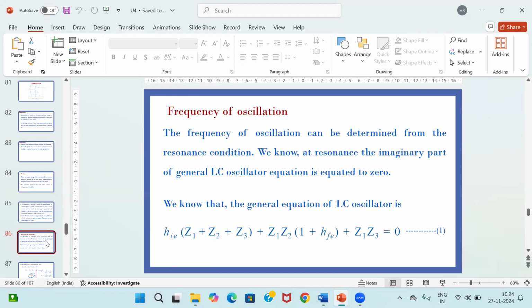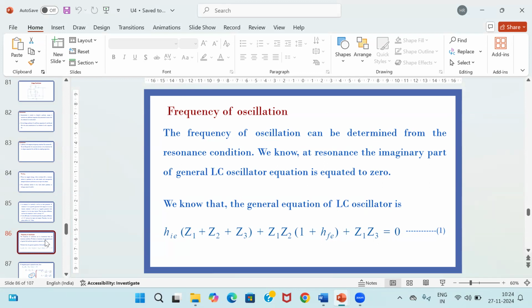Since Z1 and Z2 are capacitors and Z3 is the series combination of an inductor and a capacitor, the product terms Z1Z2 and Z1Z3 form the real part, and (Z1 + Z2 + Z3) times hie forms the imaginary part.